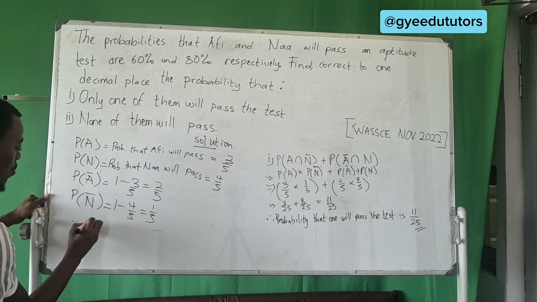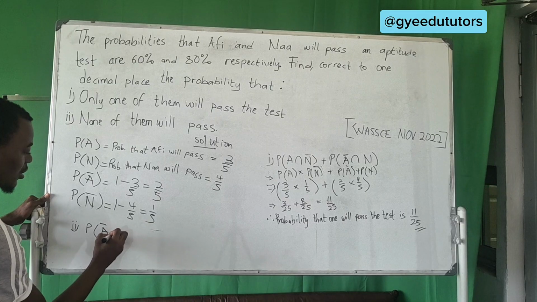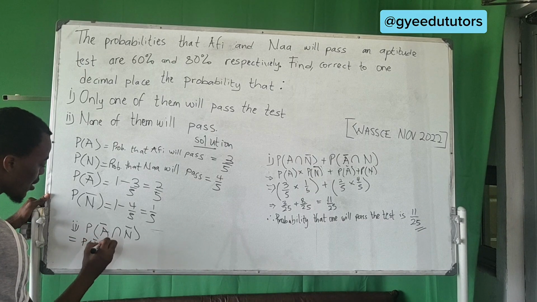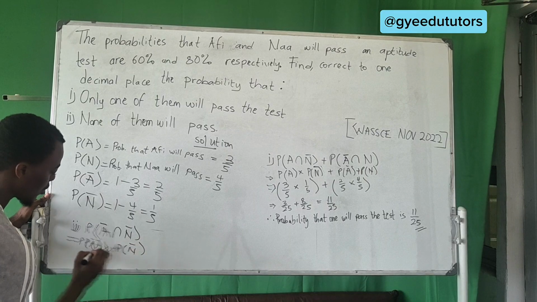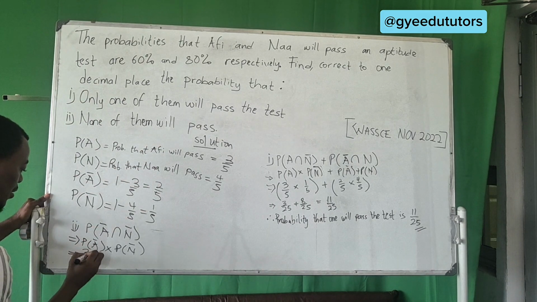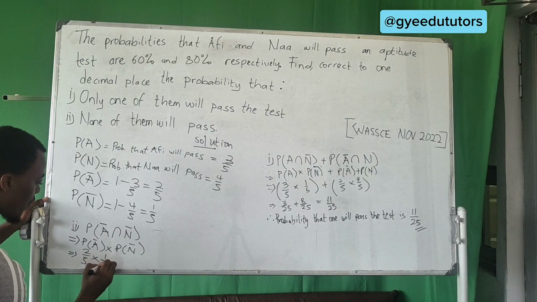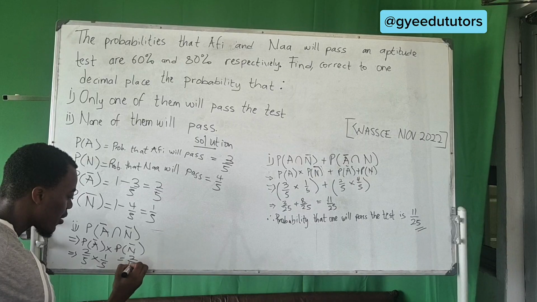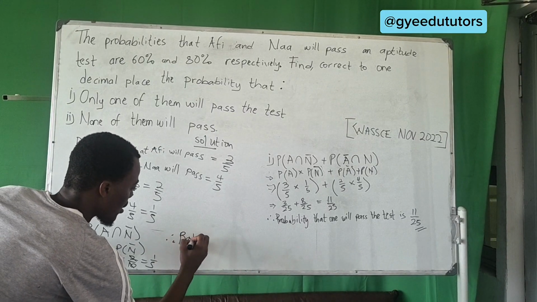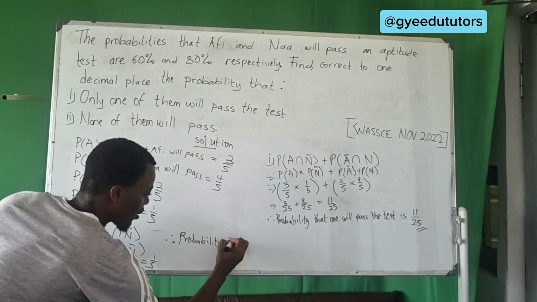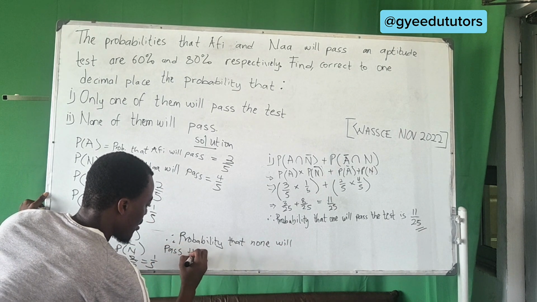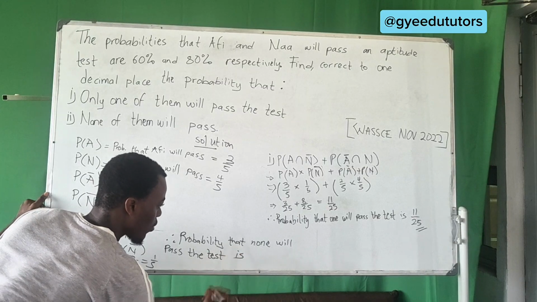So it's the probability of A complement intersection N complement, which is the same as the probability of A complement times the probability of N complement. This is 2/5 times 1/5, which is 2/25. So therefore, the probability that none will pass the test is 2/25.